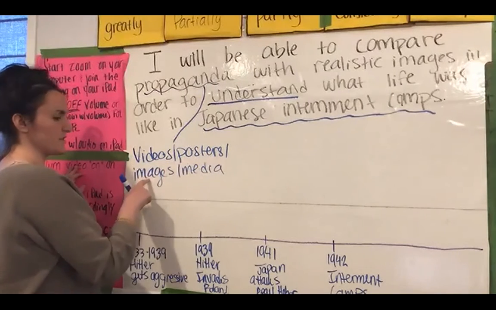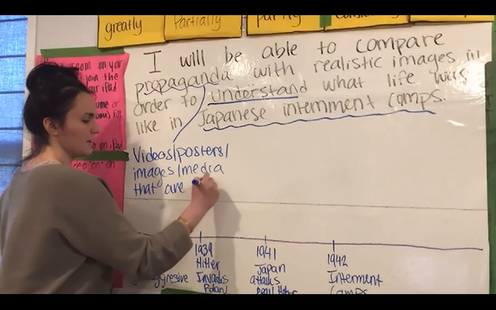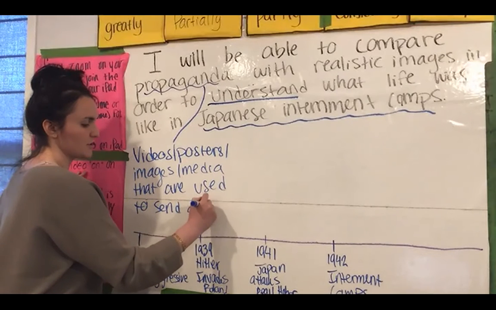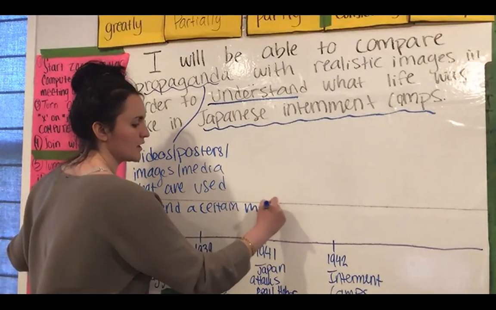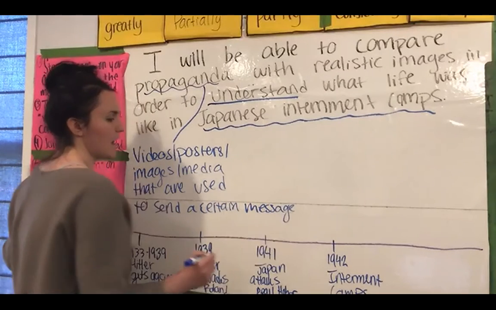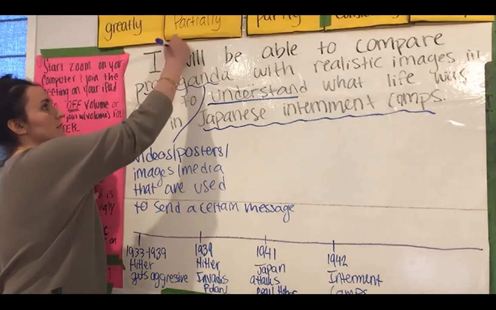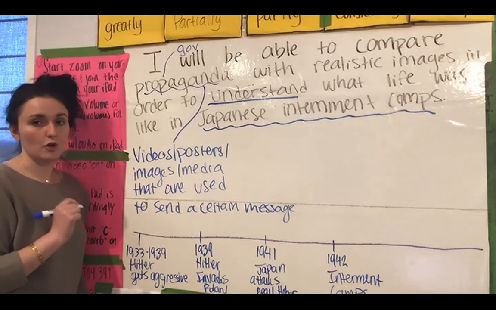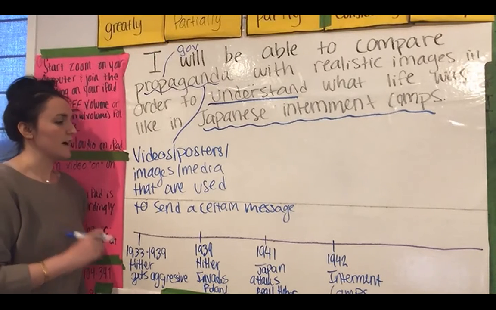So videos, posters, images that are used to send a certain message, usually a misleading and untruthful message. Governments use propaganda all the time, and the US government used propaganda quite a bit during World War II and World War I, right?